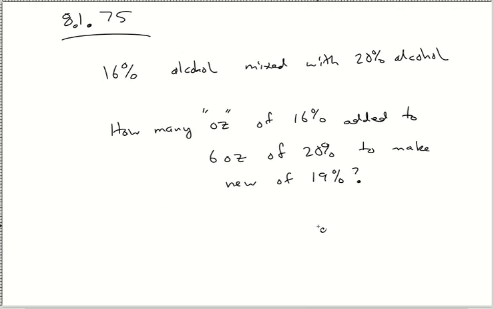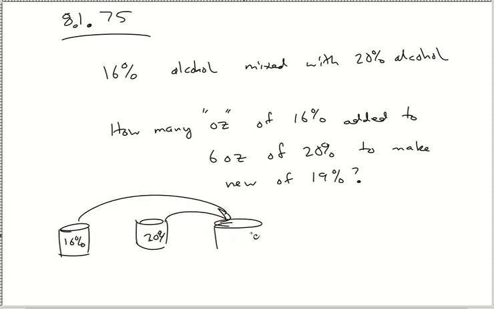Okay? So I'm just going to try to draw a little bit here. I got 16%, and I got my 20%. And I'm supposed to pour both of these into a new place here, and I should get 19%. Now, I don't know how many ounces I have of the 16, but I know for sure that I'm going to be adding 6 ounces here.